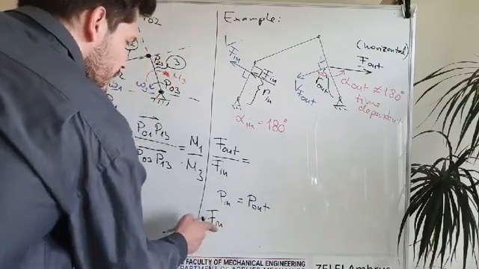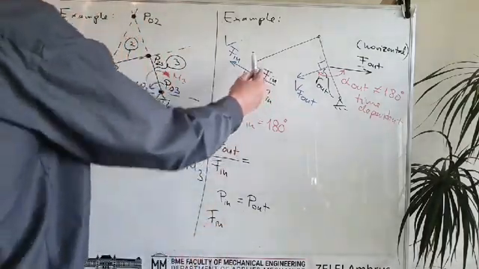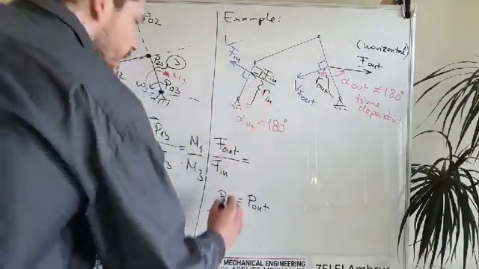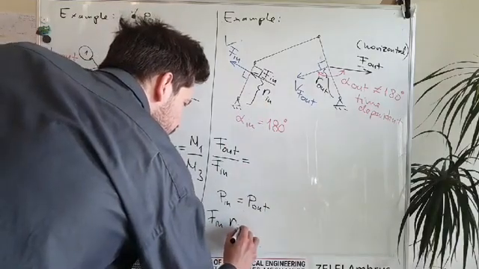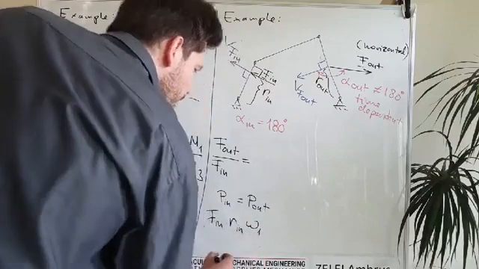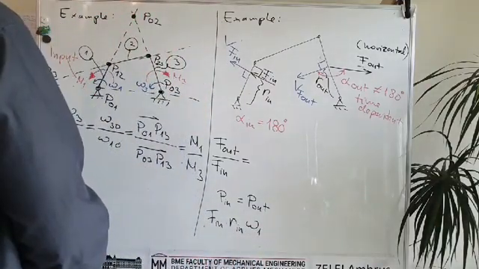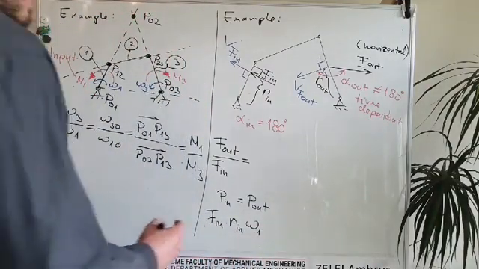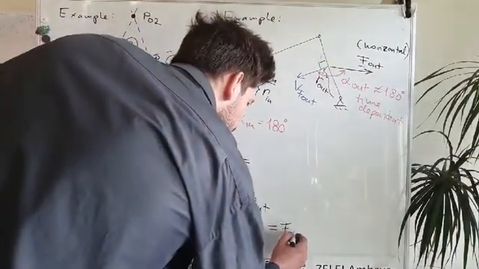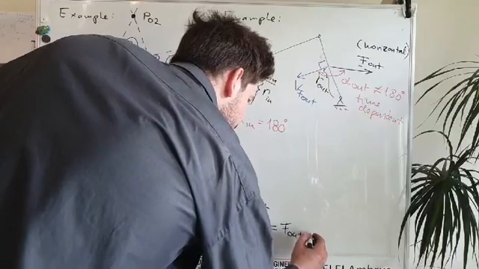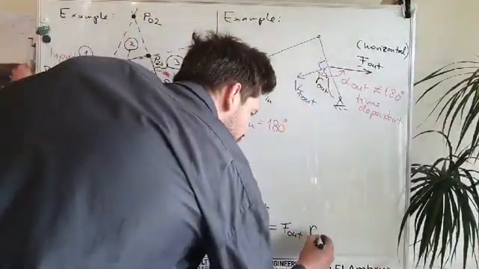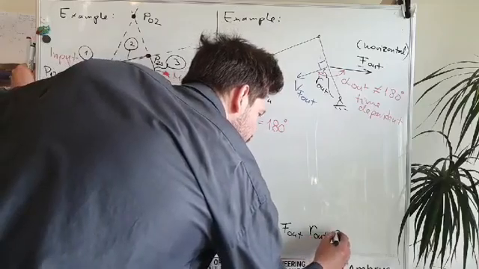times, I don't use the vector notation, I'm just using the magnitude. So it is F input times this distance times omega 1, and the output power is F output times the velocity here, and the velocity is R output times omega 3.